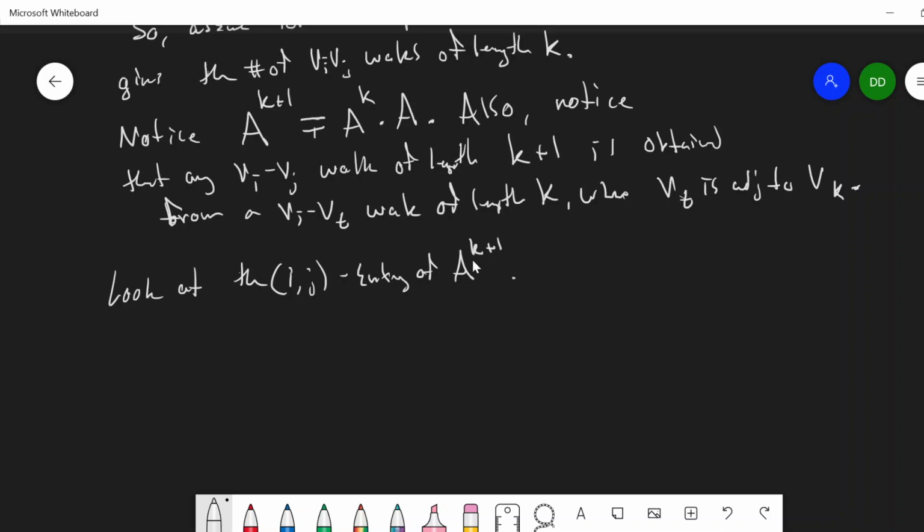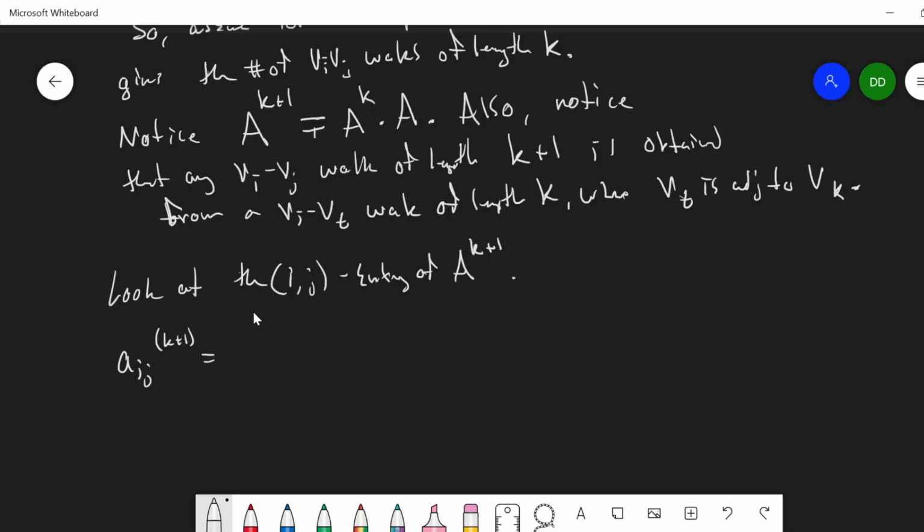So how is that obtained by matrix multiplication? Well, that entry is equal to, right, I would take the row i of A to the K and take the inner product of that row with the j column of A.